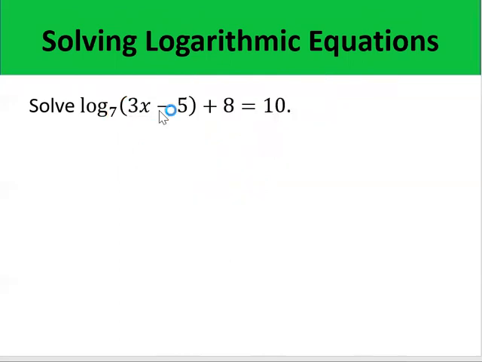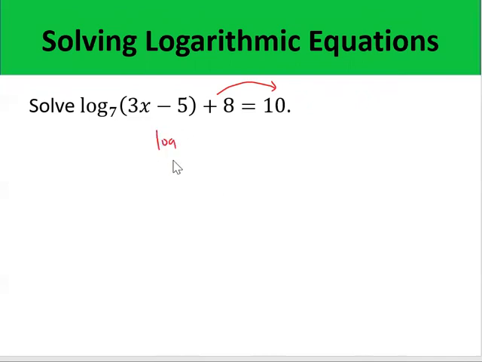Okay, next. Now this time let's try to solve for the logarithm of 3x minus 5 to the base 7 plus 8 is equal to 10. So we have a logarithm at the left side, and then there's a constant added to it. In order to solve this equation, we will transpose first the positive 8 from the left side to the right side.